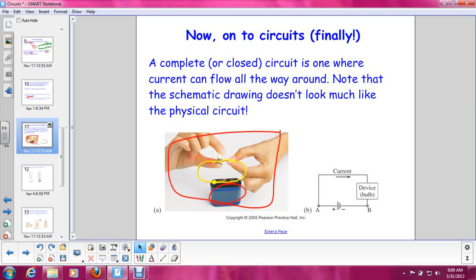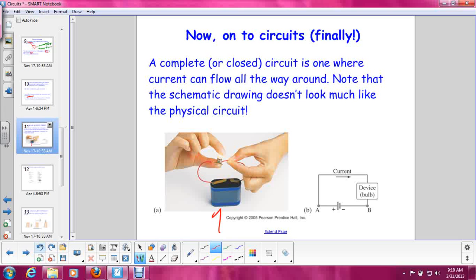Now, this picture doesn't really look a whole lot like our schematic, but that's good. Look how complicated this picture is compared to this. This is much, much easier to draw. But it represents the same thing. We have a battery connected to a wire. The electricity flows through the wire and through the light bulb and back into the battery.